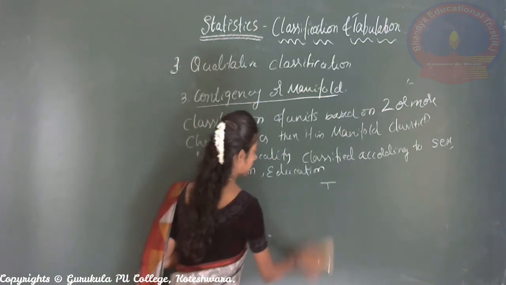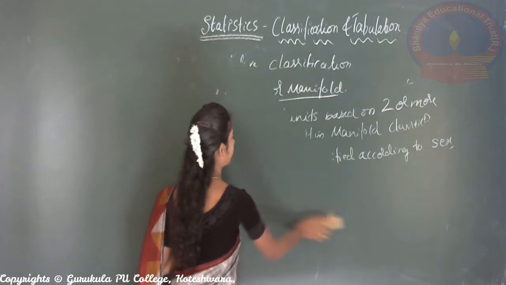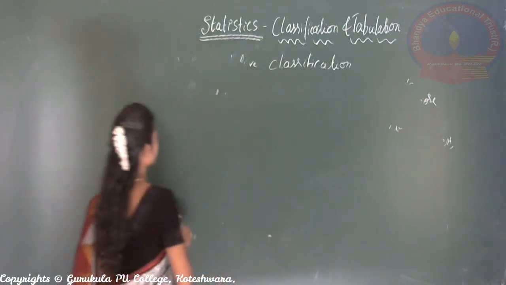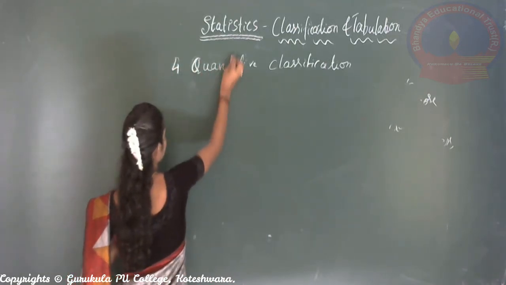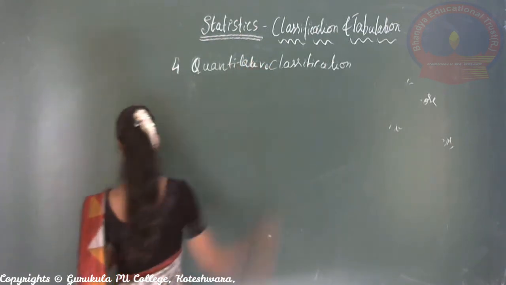So the last one under types of classification is the fourth one, quantitative classification.